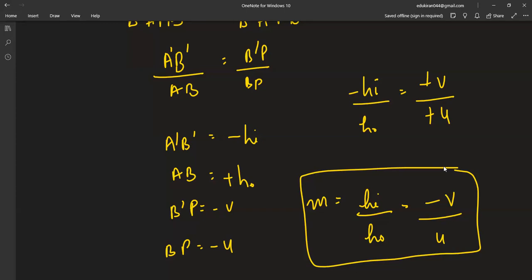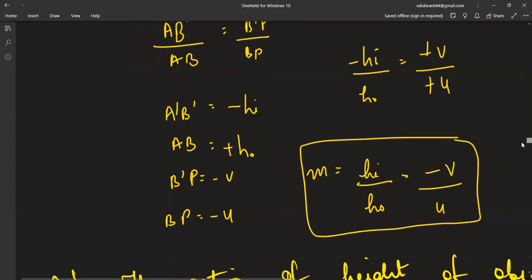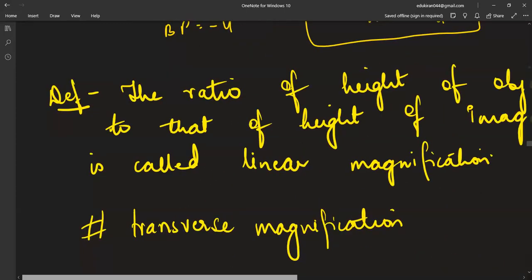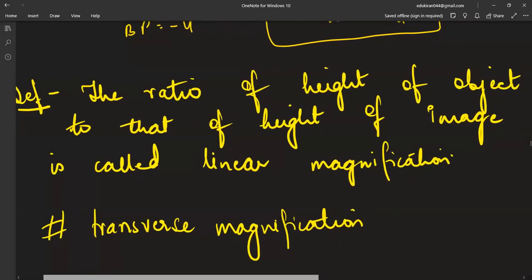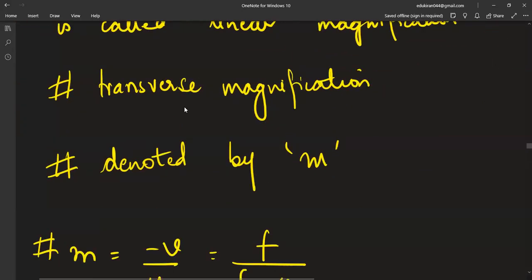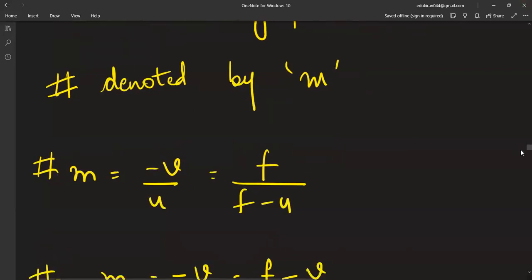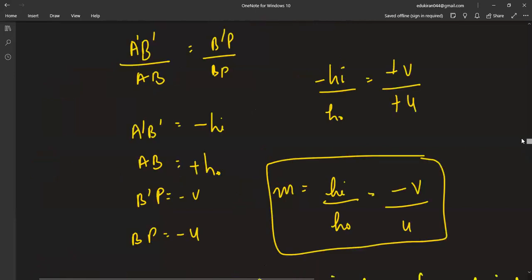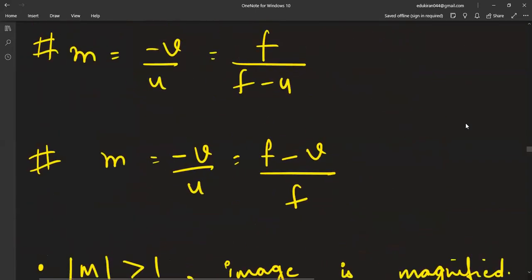Now look. The ratio of height of image to height of object is called linear magnification. We talk about transverse magnification over here, which is denoted by the letter M. Also, if you substitute this V by U in the formula 1 by F is equal to 1 by V plus 1 by U, you get the value of V by U from here.